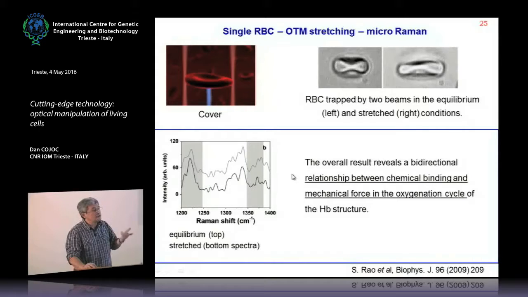The change of the signature is an effect of the mechanical stress. So they established the relationship between chemical binding and mechanical force in the oxygenation cycle of the hemoglobin structure.